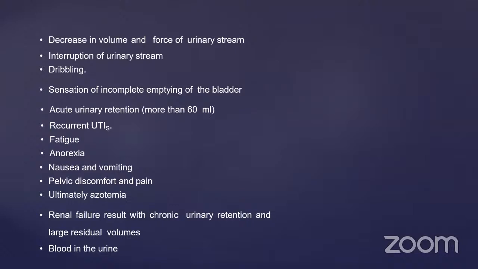The urine generally remains, as incomplete emptying occurs, leaving more than 60 ml of urine in the bladder. Recurrent UTIs occur, with fatigue, anorexia, nausea and vomiting, pelvic discomfort and pain. These are some of the symptoms, and ultimately it leads to azotemia. Renal failure results from chronic urinary retention and large residual volumes.